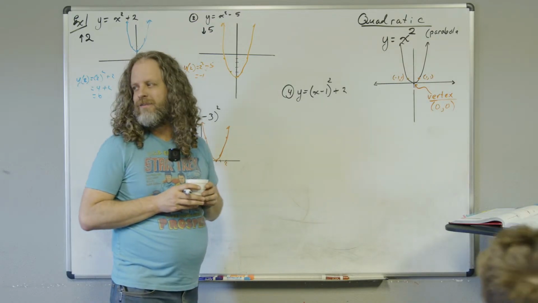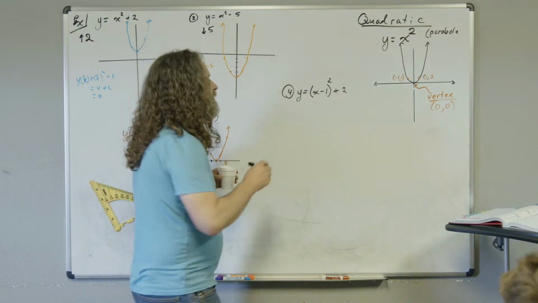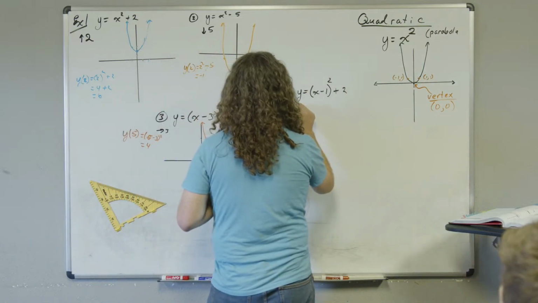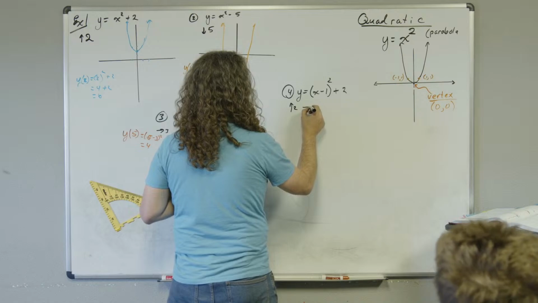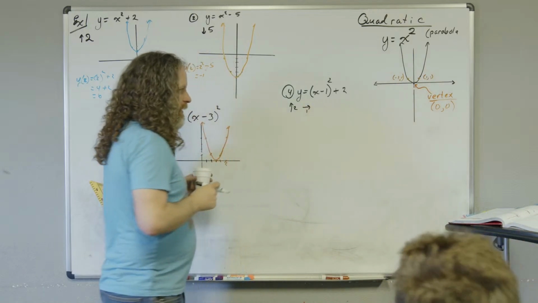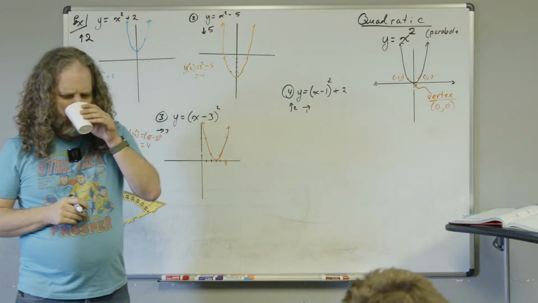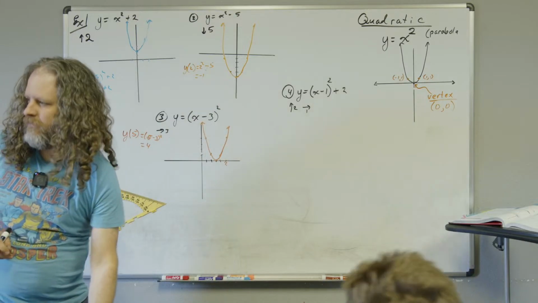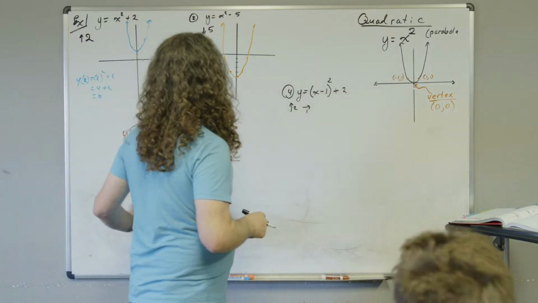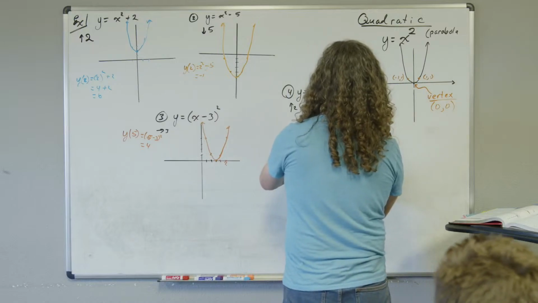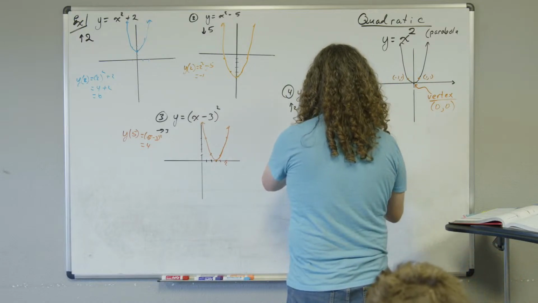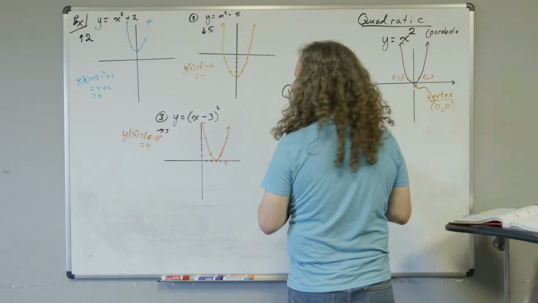Up 1, up 2, up 2 to the right 1. That's right. And then we graph it. No, that just says it's going to be a parabola.